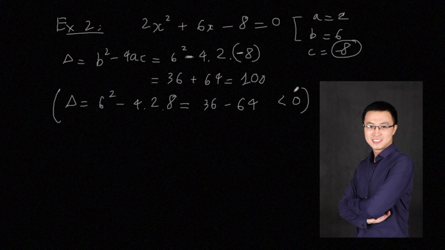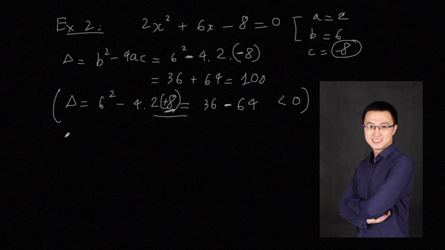And this way, you know that it is not the right answer, because this is not c. c is minus 8, so you have to write down the whole c in here. It means you have to include the minus sign in the formula, otherwise the final result is not right.